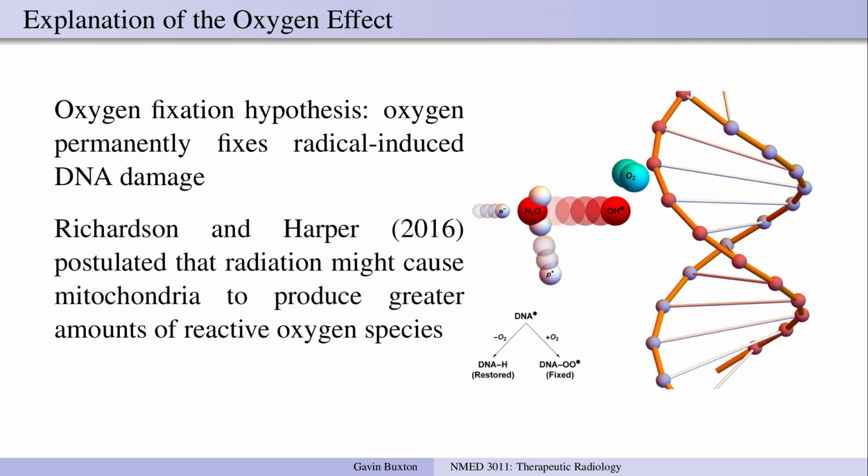Other theories are still emerging though. Richardson and Harper in 2016 hypothesized that radiation can cause the emission of reactive oxygen species from the mitochondria, which increases the oxygen effect. Either way, oxygen is a powerful radiosensitizer of cells.